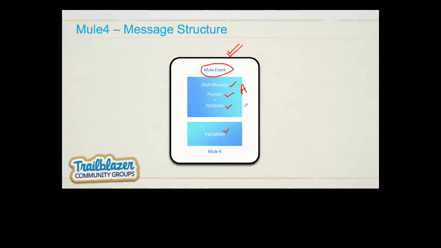Attributes are the attributes of your HTTP client: what the URL parameters are, what the authentication mechanism is, what the URI parameters are, and what the headers are, all the things you get inside an attribute. And then you get the variables. These variables are developer-made variables. Every programming language has its own variables, right?